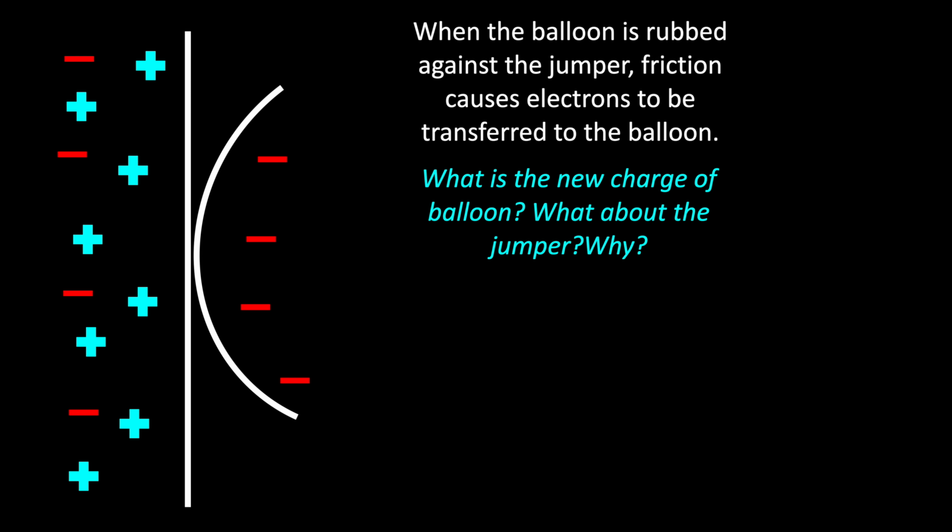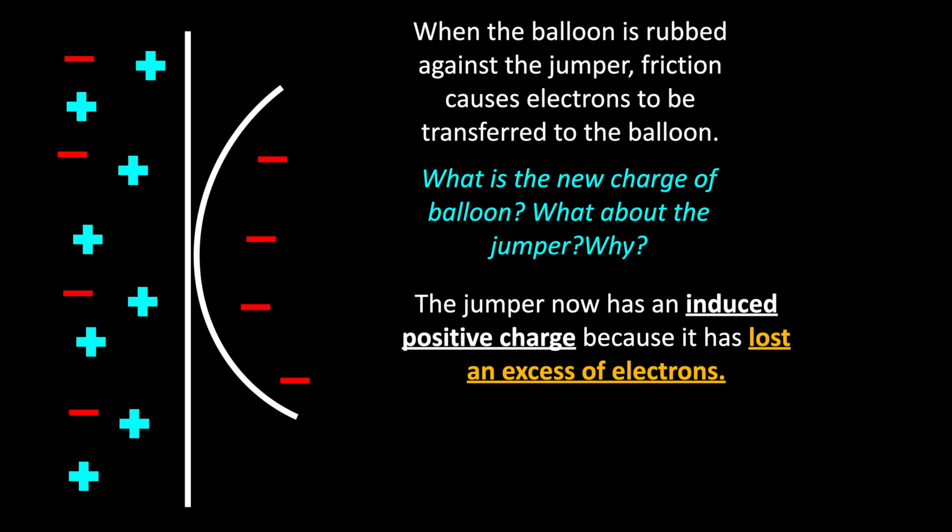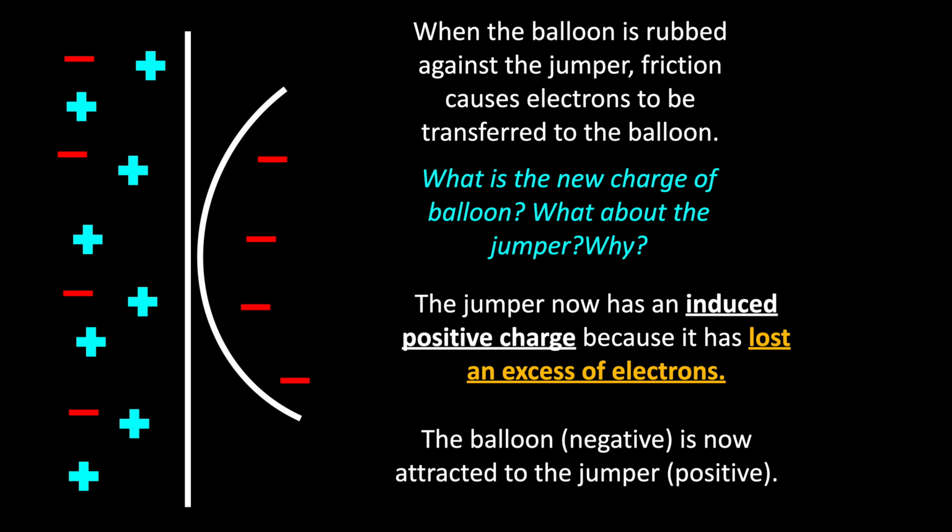Now we can see that the jumper has more positive charges, and the balloon is negative. The jumper now has an induced positive charge as it has lost electrons, and the balloon is now negative, which causes it to be attracted to the positive jumper.